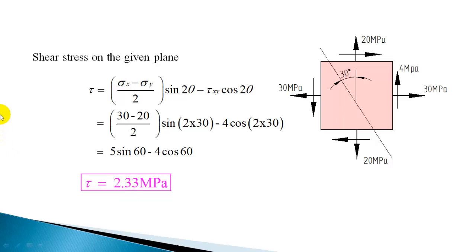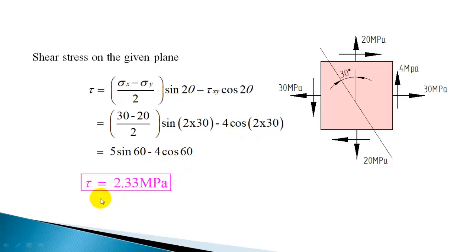Now the shear stress on that plane: the equation is tau equal to sigma x minus sigma y by 2 sin 2 theta minus tau xy cos 2 theta. So sigma x is 30, sigma y is 20. So 30 minus 20 by 2 sin 2 into 30, minus tau xy, which is 4, cos 2 into 30. So 10 by 2, 5 sin 60 minus 4 cos 60.